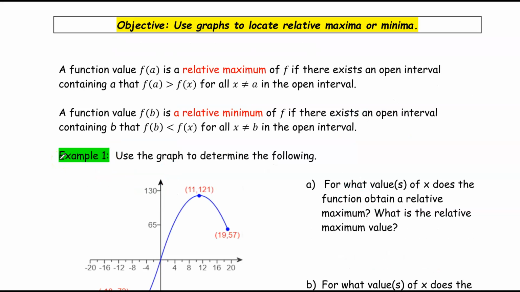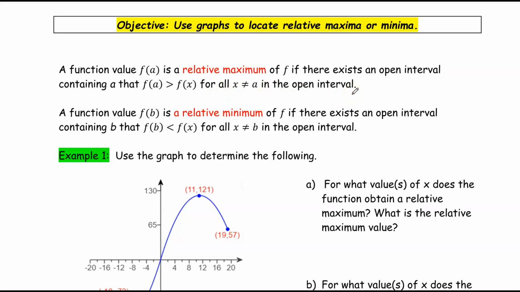Next, we want to be able to use the graphs to locate the relative maxima or minima. Now, a function value f of a is a relative maximum if there exists an open interval containing a such that f of a is greater than f of x for all x in the open interval.